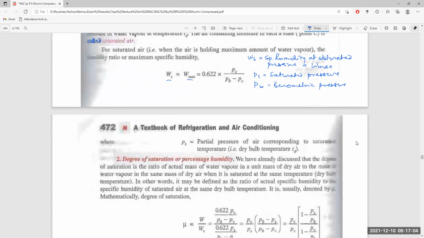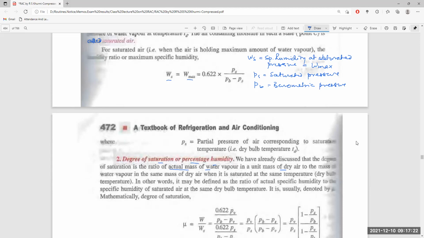Now the degree of saturation or percentage of humidity. We have discussed that the degree of saturation is the ratio of the actual mass of water vapor in a unit mass of dry air to the mass of water vapor in the same mass of dry air when it is saturated at the same temperature.